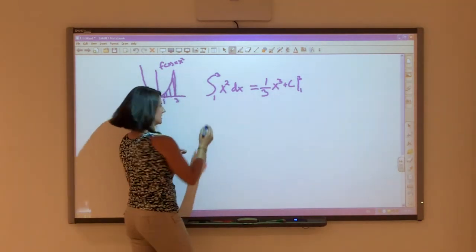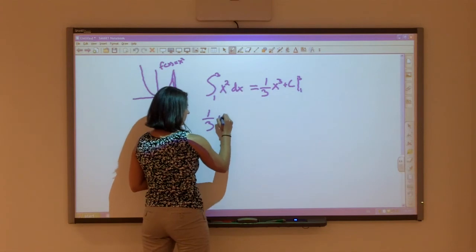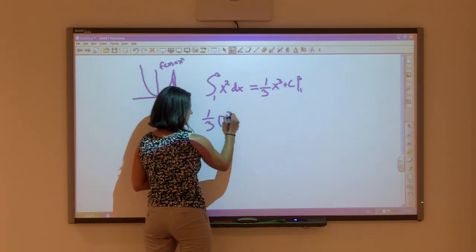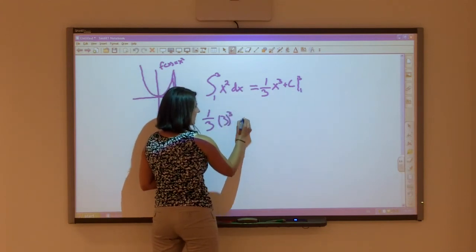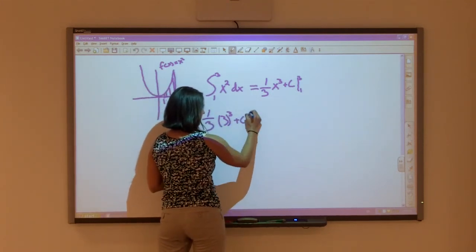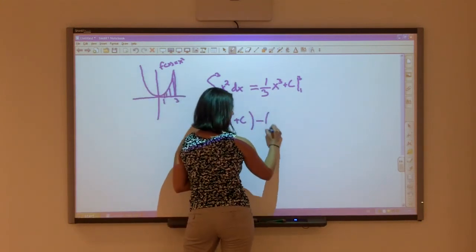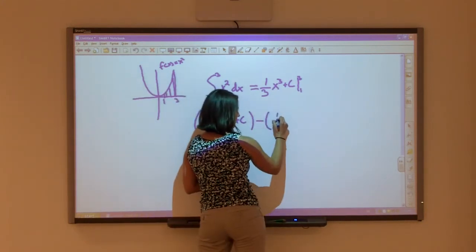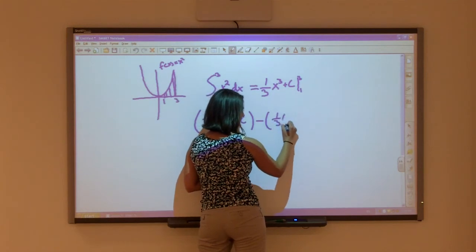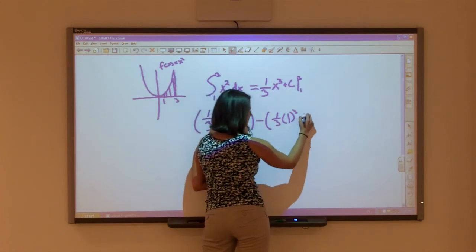All right, so it's going to look like this. 1/3 of 3 cubed plus c, all of that minus all of 1/3 of 1 cubed plus c.